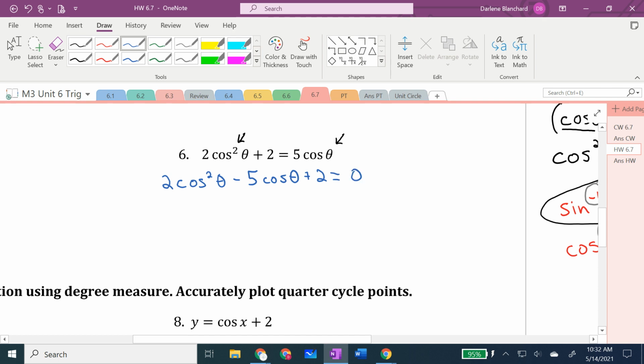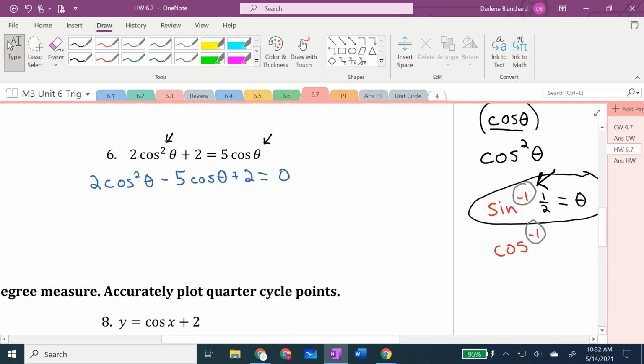And let me give you a big, huge tip of what's going to help you tremendously. Temporarily use a letter to represent cosine theta. So maybe you choose to use the letter C to represent cosine theta.